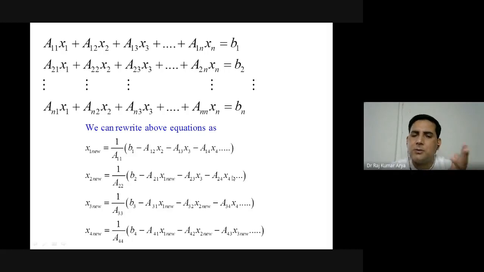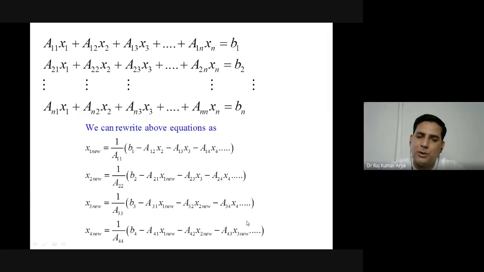I mean to say that in this method, whenever you have a new value, you replace the old one by the new value. In the third equation, you now know the new value of x1 and the new value of x2, but x4 you don't know because x4 is old. By the time you go to x4, you have the new values of x1, x2 and x3, but you don't have x5, so that would be old.